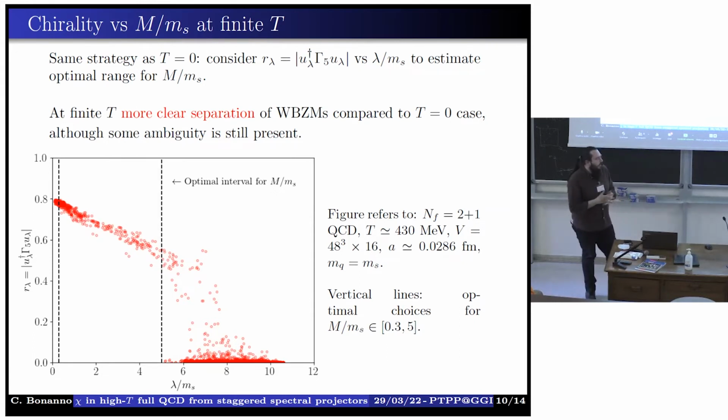So again, the strategy that we have devised is to choose an interval and to select different values of the cutoff inside that interval to check what happens. In this case, we arrive up to m over ms of the order of 5, because we just avoid including modes in this cluster here in our spectral sums.